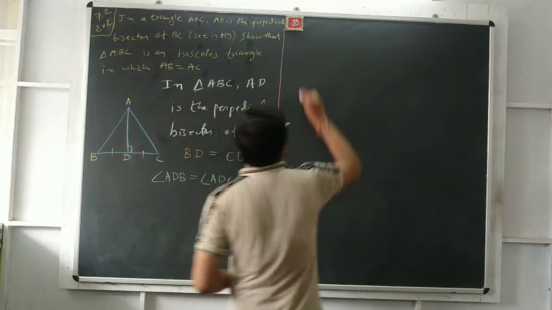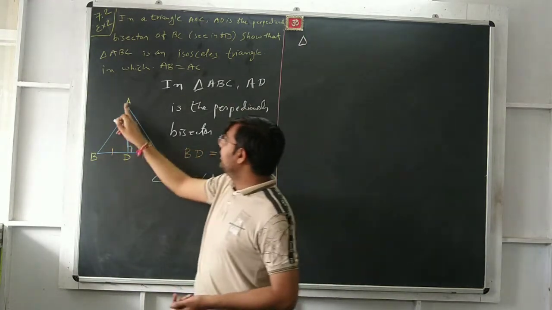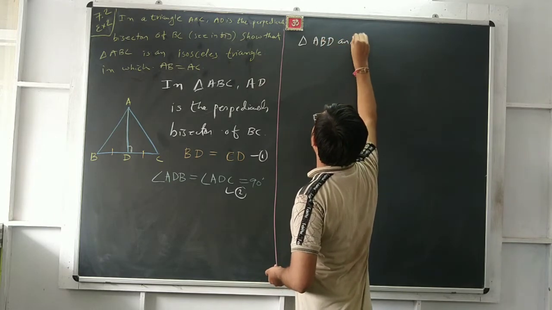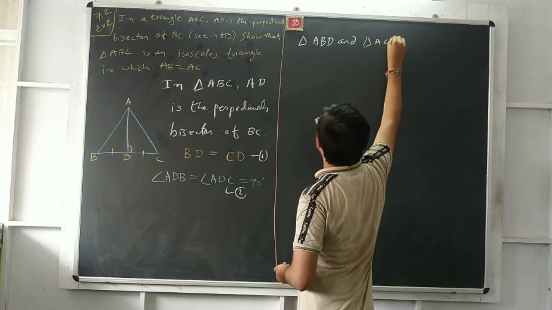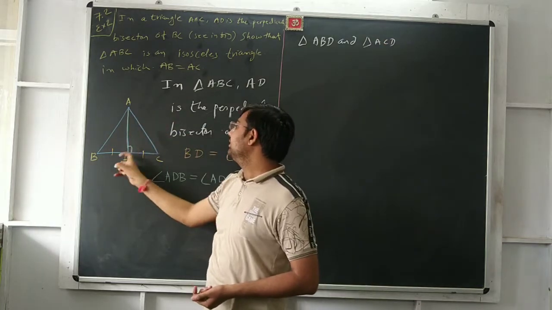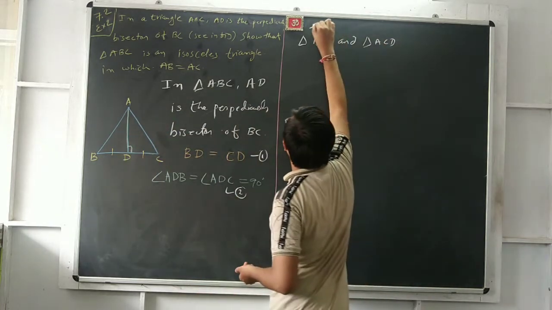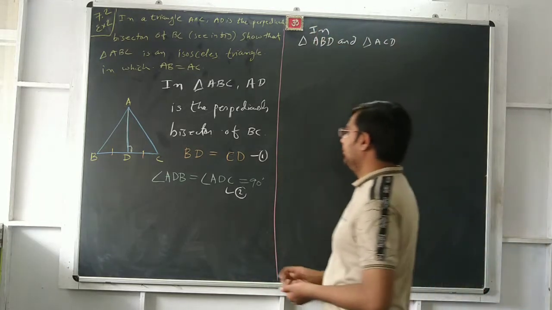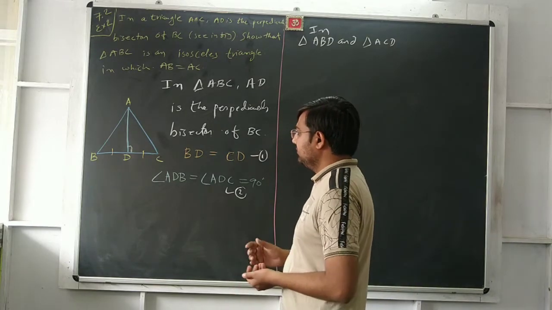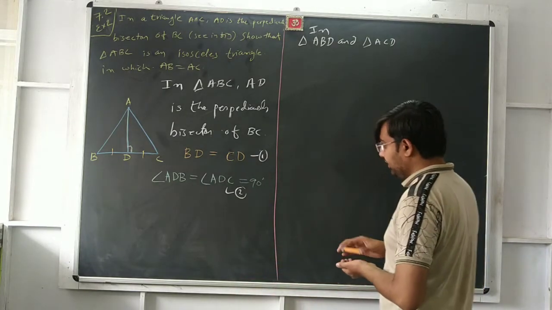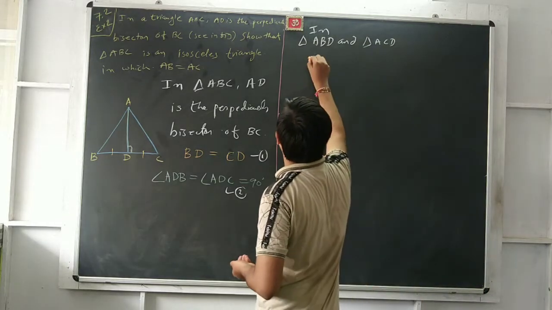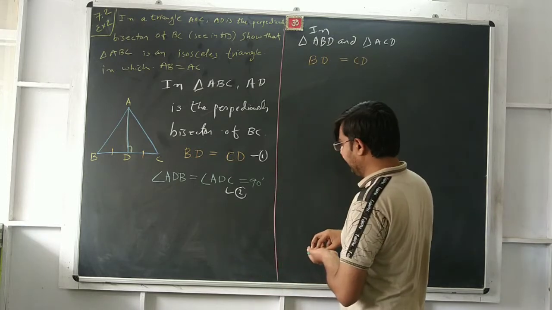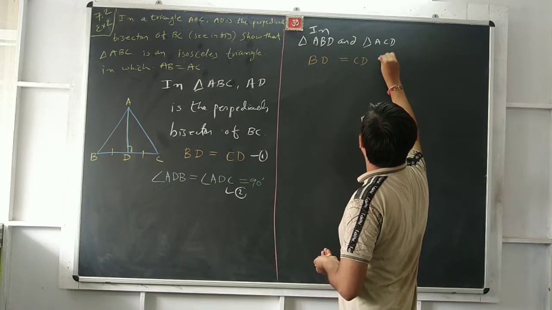Now, I can write that triangle ABD and triangle ACD. In triangle ABD and ACD, first of all, we write that BD is equal to CD by equation 1.